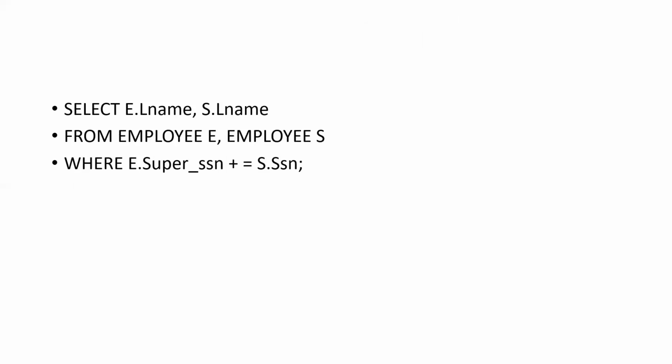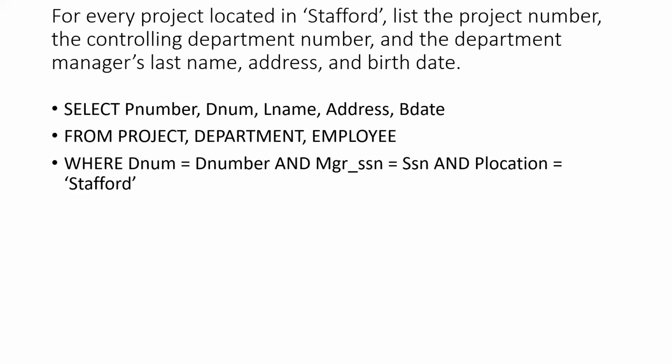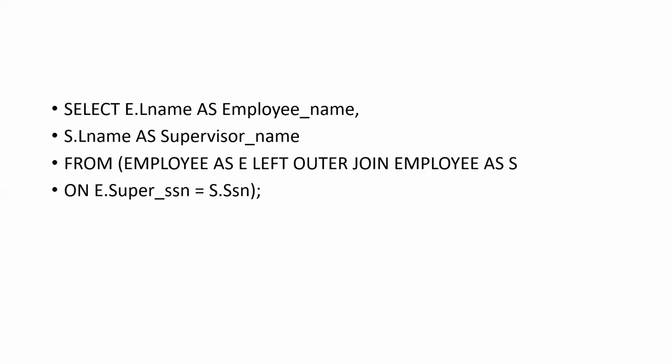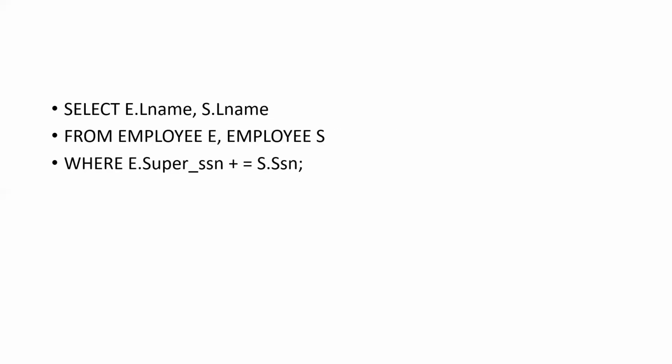And one more thing, in some versions of SQL, the left outer join is represented in a different way. In the previous case, the left outer join is represented like this, left outer join. But in some cases, it is represented like this. Select employee.last name, supervisor's last name from employee as E, employee as S, where E dot super SSN is plus equal to S dot SSN.